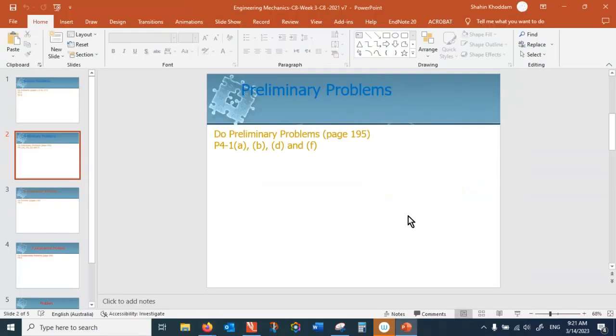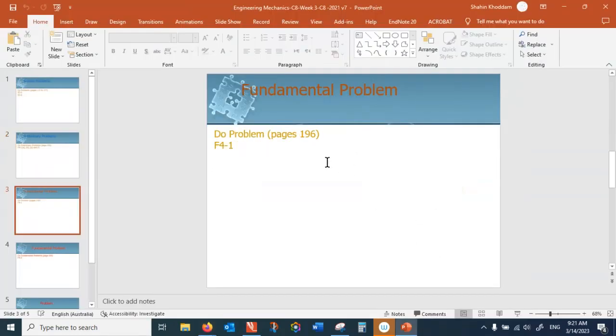Let's go to the next slide. That is page 196.